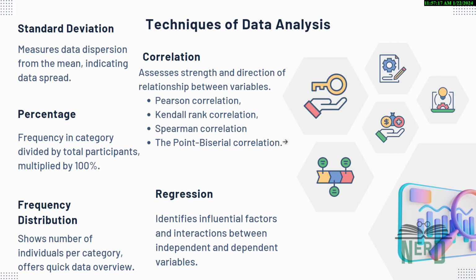Next we'll talk about correlation. So think of correlation as a buddy system, right? Two variables either move together, which is positive correlation, or in opposite directions, which is negative correlation. Like the more you study, the better your grades are, so that is positive.